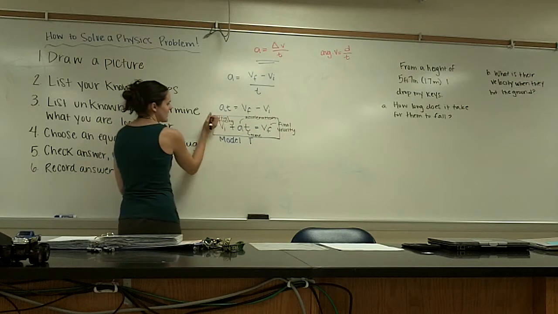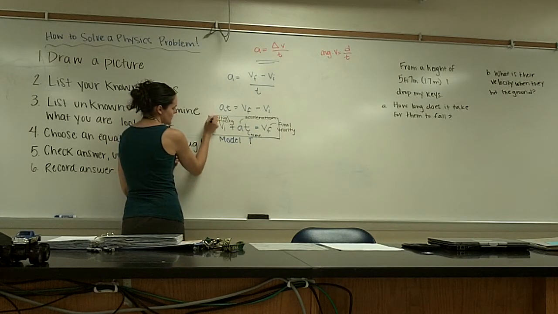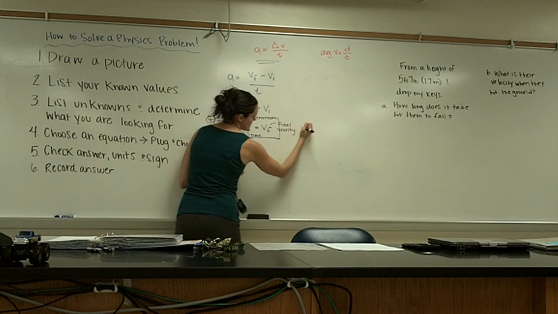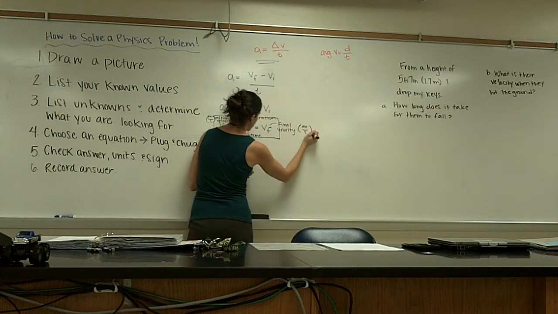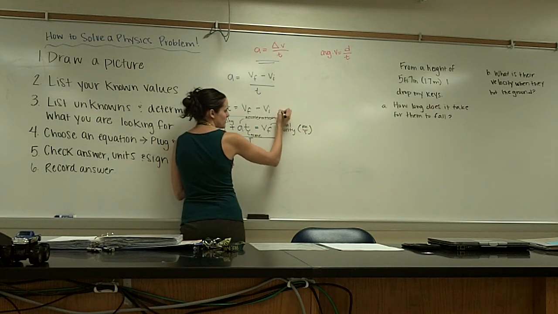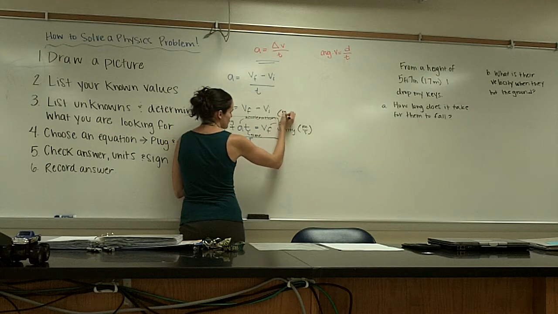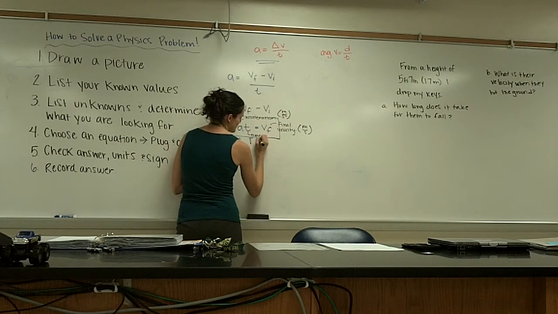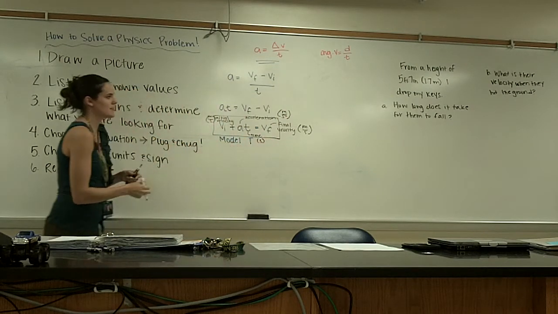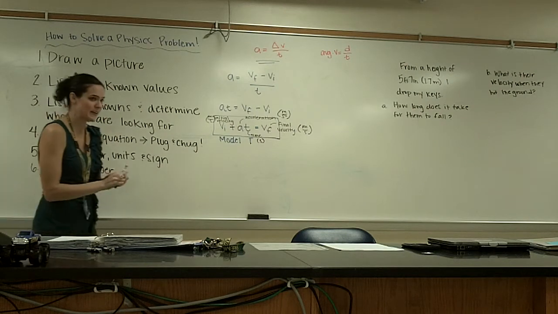Okay? Velocities are measured in meters per second. This is also measured in meters per second. Acceleration would be measured in meters per second squared, and time is measured in seconds. Not too bad to begin.